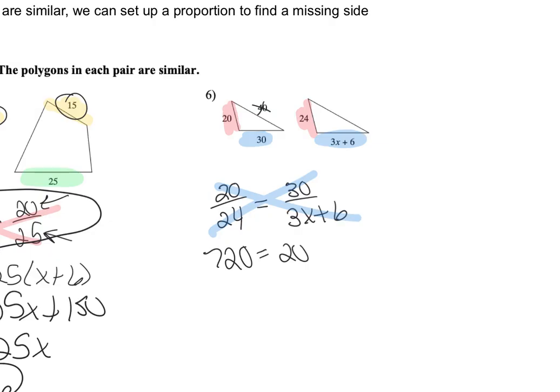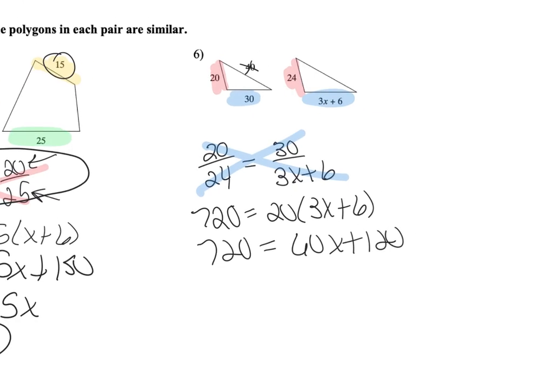And then 20 times 3x plus 6. We're going to do our distributive property. We get 60x plus 120. If we subtract 120 from both sides, we get 600. Divide by 60, we get x equals 10.